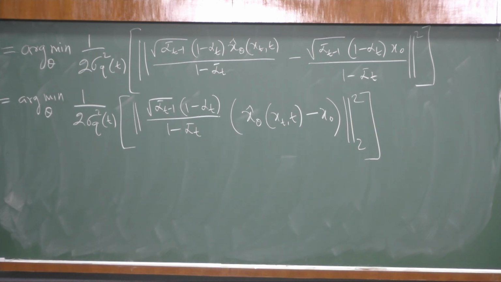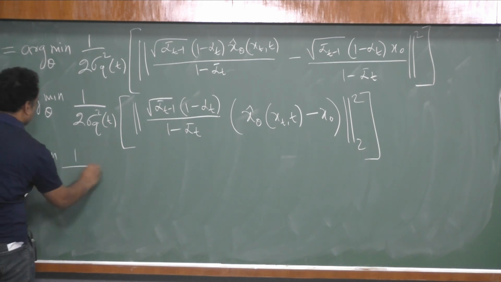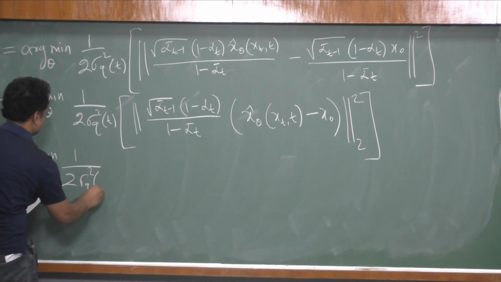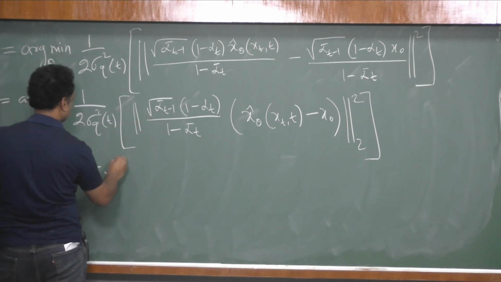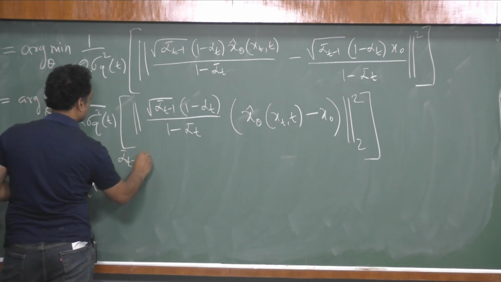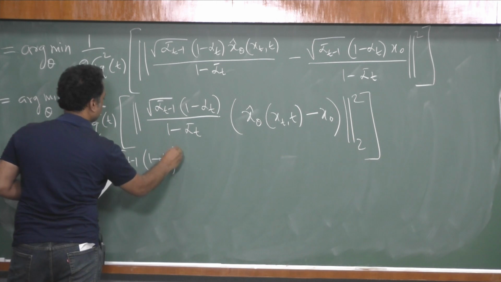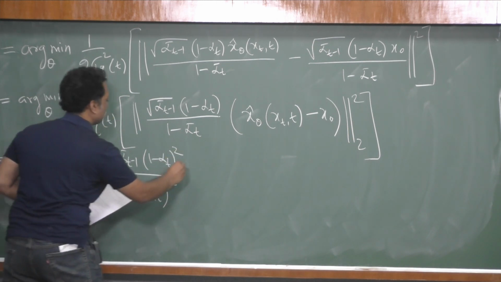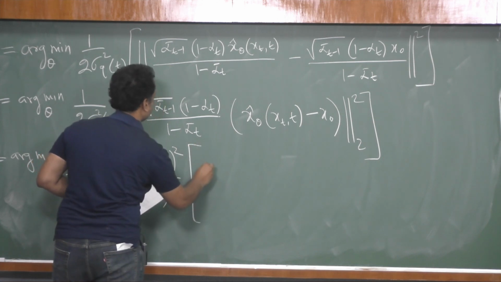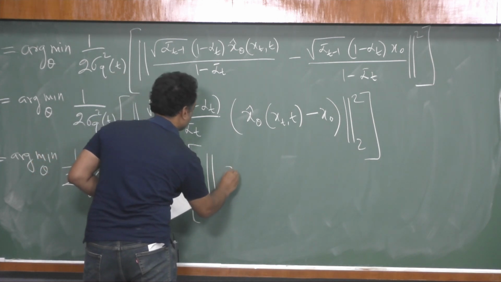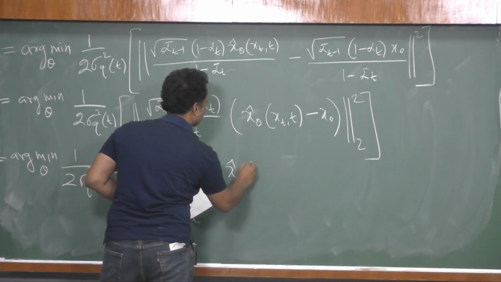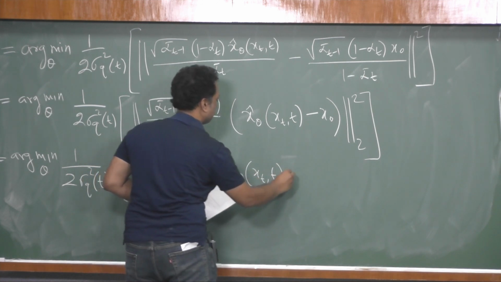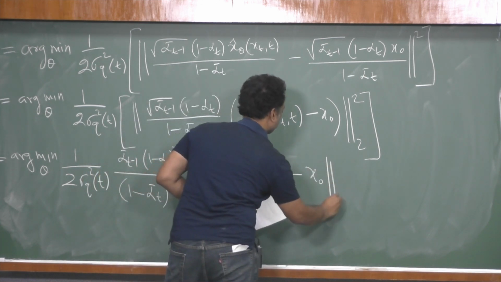If you take this out of the norm, it will be a square. So the next step is arg min theta 1 by 2 sigma q squared t, and then it becomes a square: alpha bar t minus 1 (1 minus alpha t) squared divided by (1 minus alpha bar t) squared, and then the whole thing is the norm of x hat theta of x_t, t minus x naught, squared.